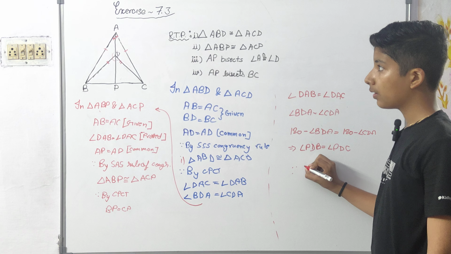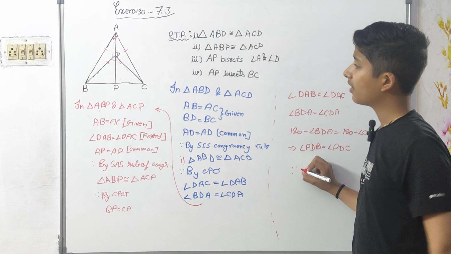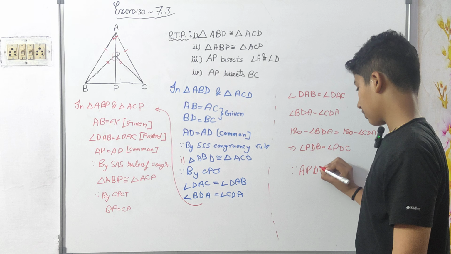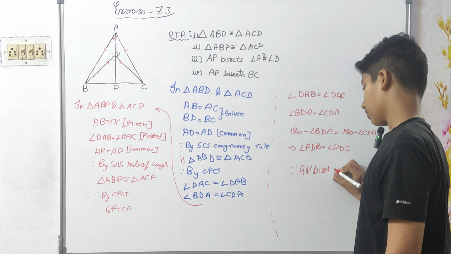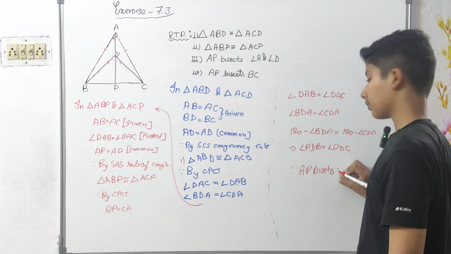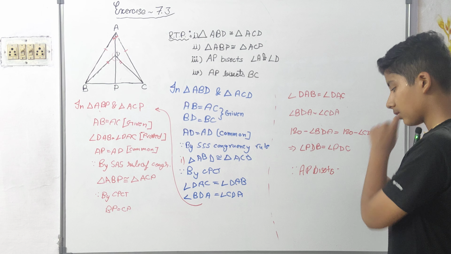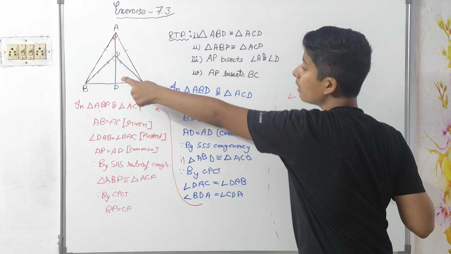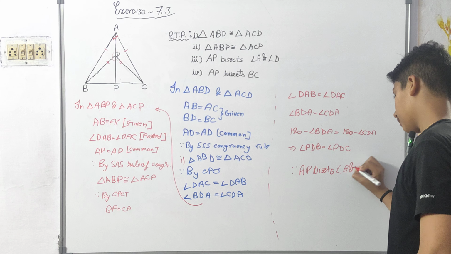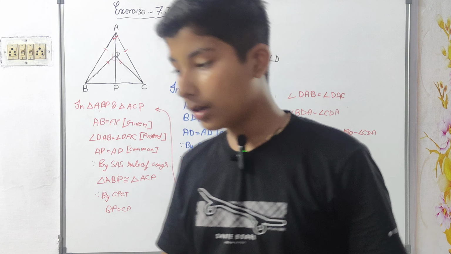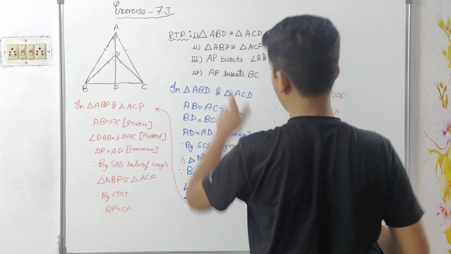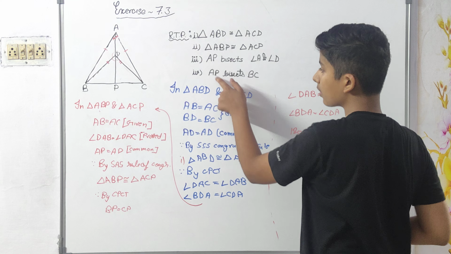Therefore AP bisects angle A and D. Now at last we have to prove that this one.